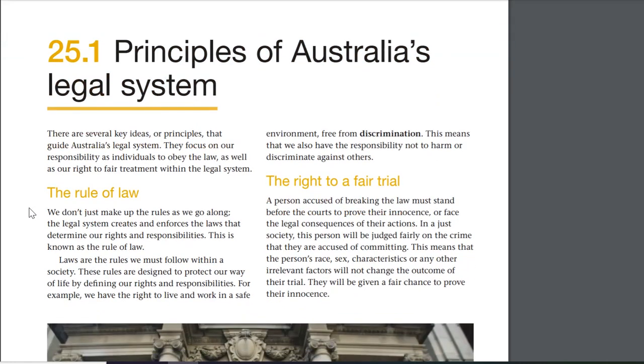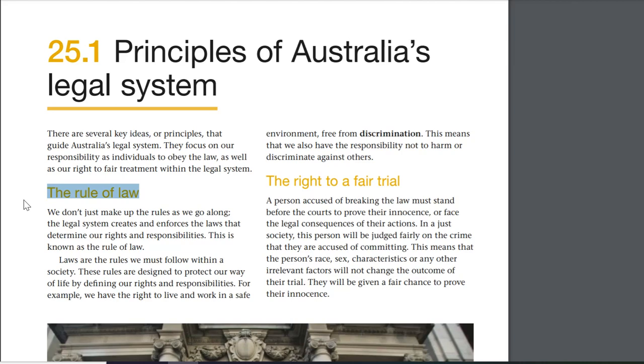So there are several key ideas or principles that guide Australia's legal system. They focus on our responsibility as individuals to obey the law, as well as our right to fair treatment within the legal system. The rule of law. We don't just make up the rules as we go along. The legal system creates and enforces the laws that determine our rights and responsibilities.